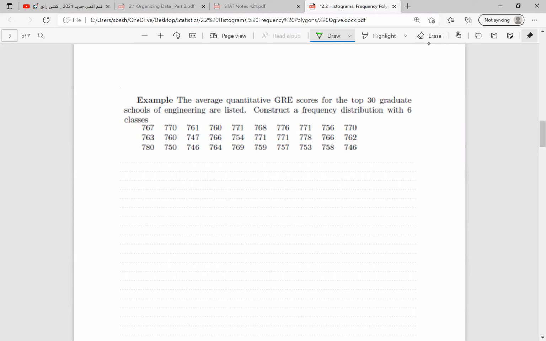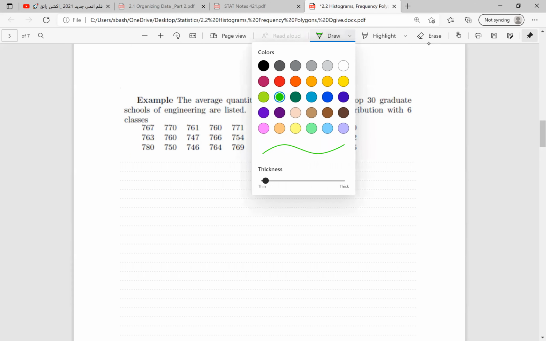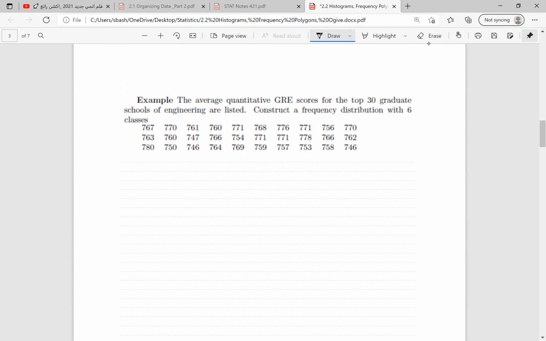To construct the frequency distribution, let's find the range and then decide whether it is a categorical frequency distribution or a grouped frequency distribution. So first step, I need to find the range. The range equals the highest value minus the lowest value.